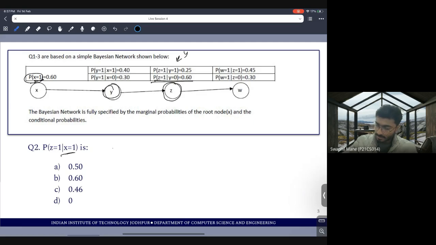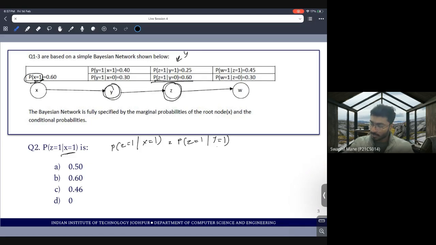So here, considering it step by step: z is equal to 1 given that x is equal to 1. They have provided the probability of z equal to 1 with different values of y, so we can consider that. We also require the x variable here.